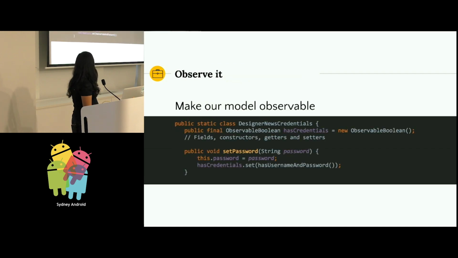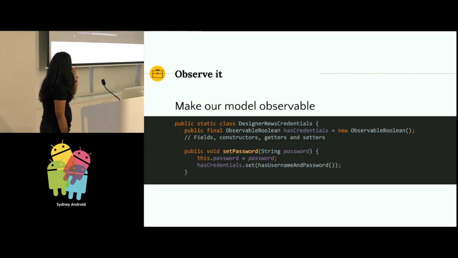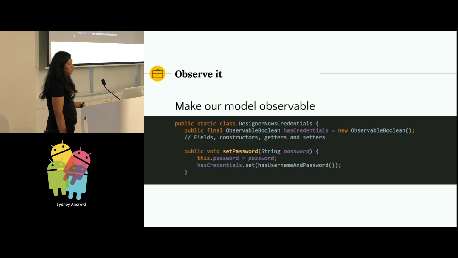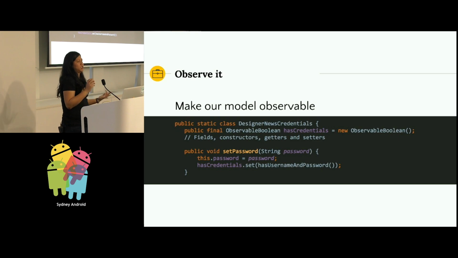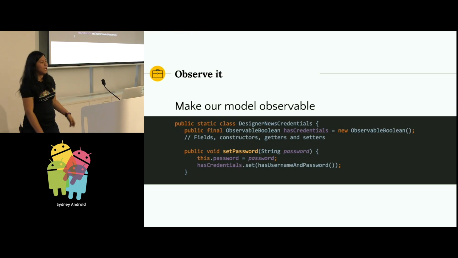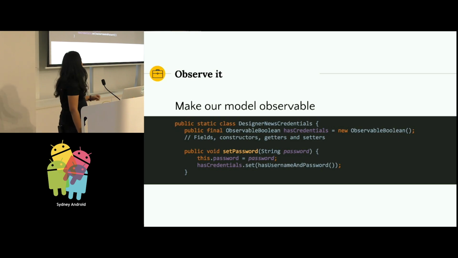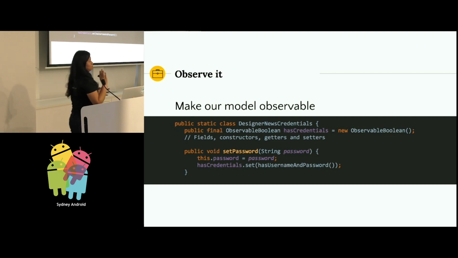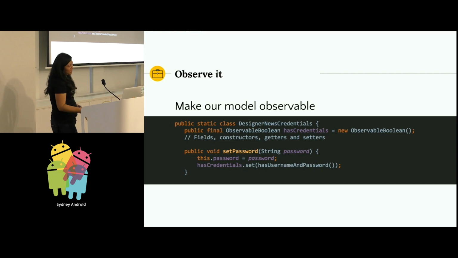Now we want to hook up the button. Any arbitrary field, such as a boolean, a byte, a short, an int, a long, even collections, can be observable in data binding. In this case, I want the check for the username and password presence to be automatically hooked up to the button state as well.